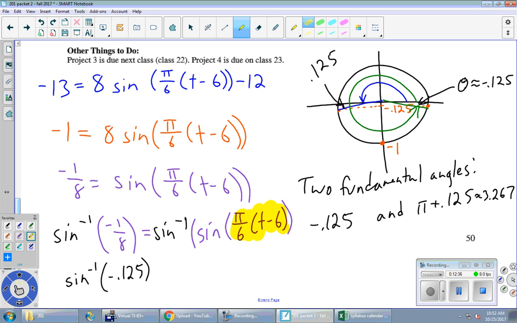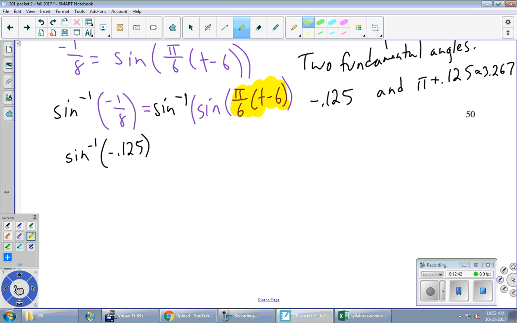So to get from one to all, we just add 2 pi n at the end. So negative 0.125 plus 2 pi n, that's one, and then 3.267 plus 2 pi n, that's the other. N is just supposed to be an arbitrary integer.